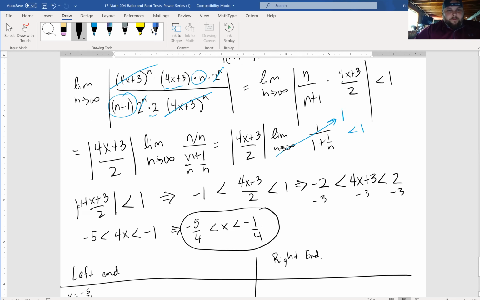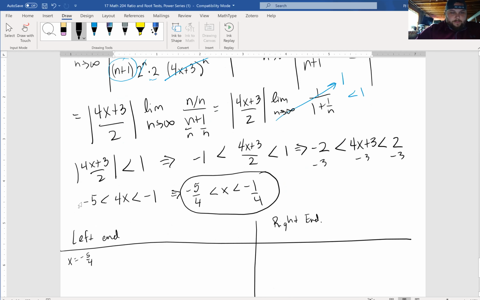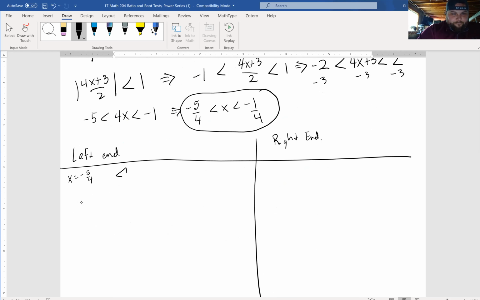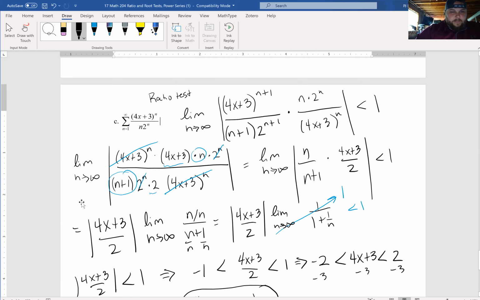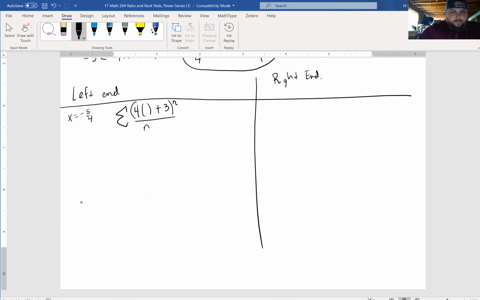The original summation was 4 times (x plus 3) to the nth power, all over n times 2 to the n. And instead of x, I am plugging in -5/4.